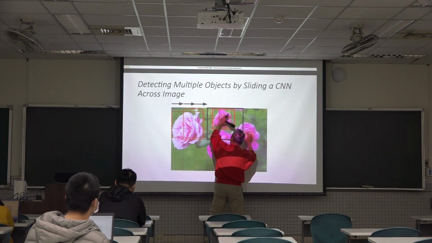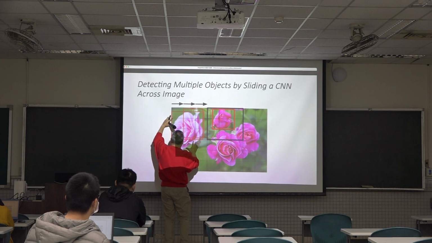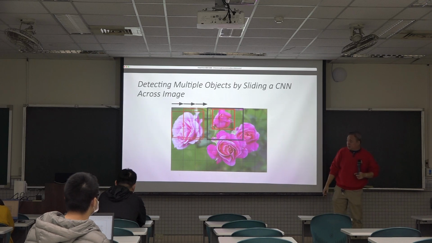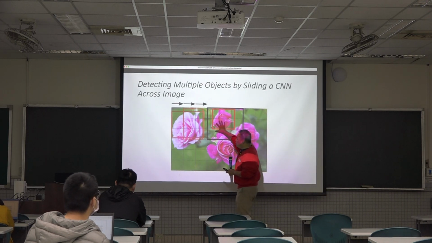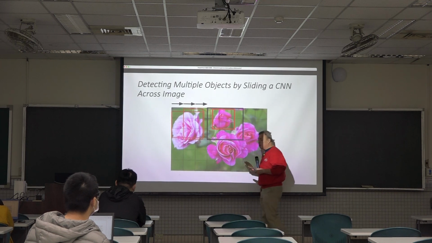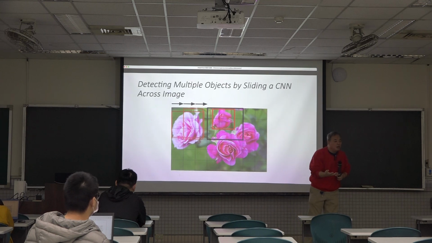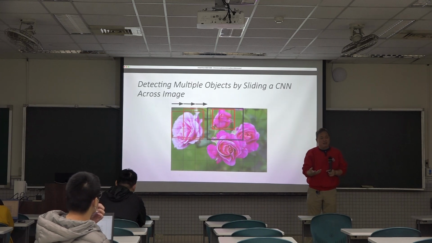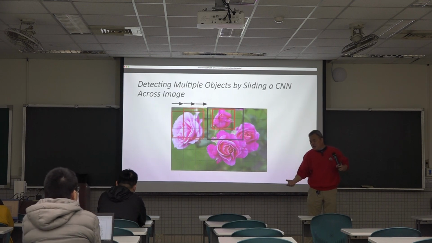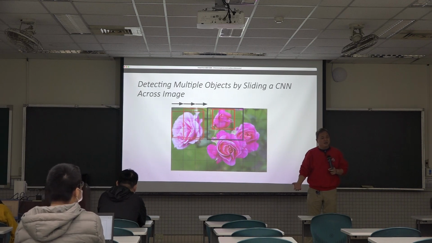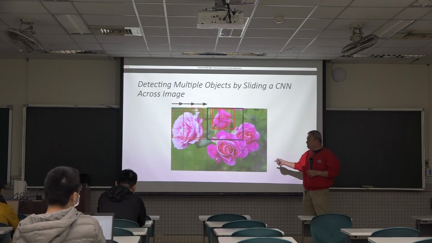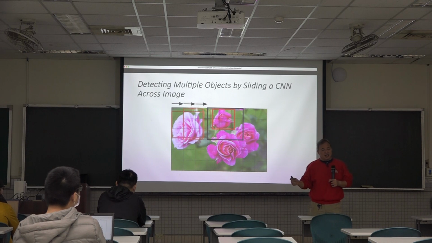When we're done with this, we go down by one grid and do the sliding again. We keep doing that until all these grids are properly scanned. And then we may need to do 4 by 4, because some objects may be too big to fit in 3 by 3. And then you may need to do 5 by 5. So you see, just to do this object detection, a lot of work needs to be done.